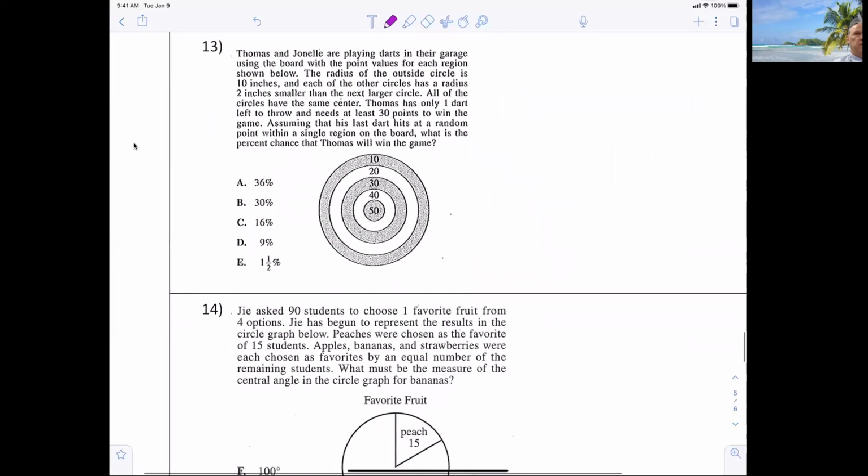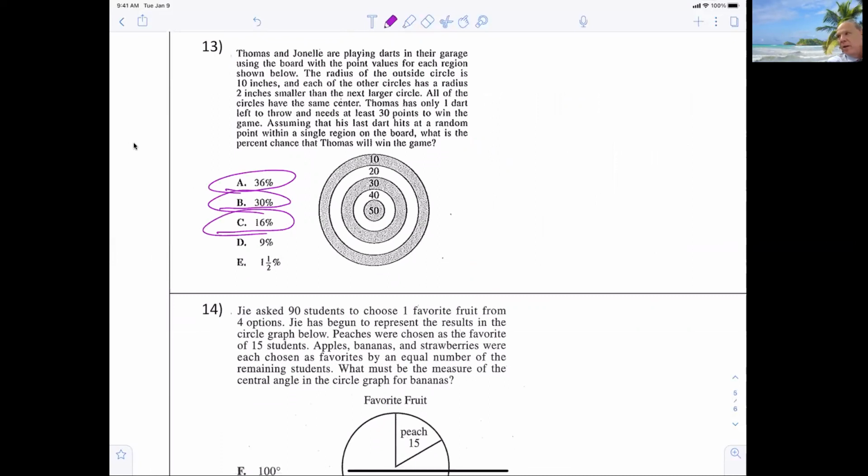Ooh, 13. What are we thinking on 13, guys? So I've got an A, I've got a B. Somebody else? Somebody said C. That's good. All right. What is the radius of each circle? It increases by what?